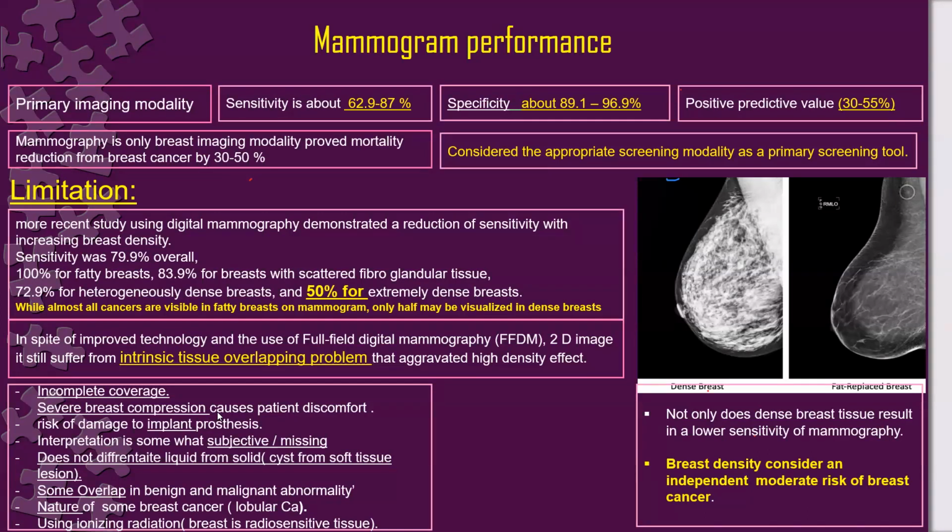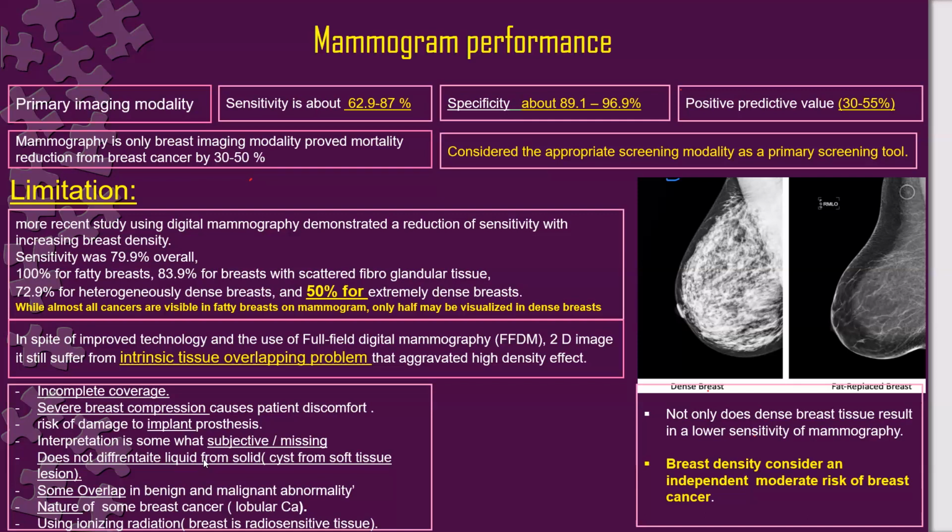Interpretation is somewhat subjective and can result in missing of breast cancer. It does not differentiate between liquid and solid. As you know, cysts and soft tissue appear as opaque lesions on mammography, and there is some overlap between benign and malignant abnormalities, as in the case of circumscribed cancers.